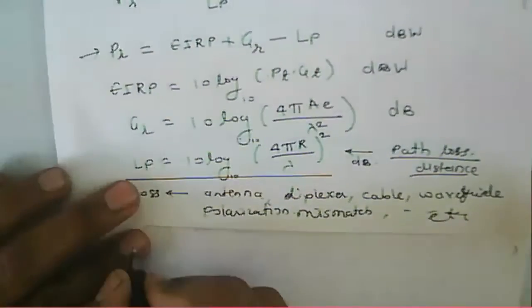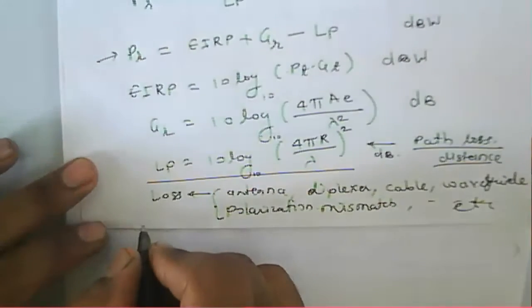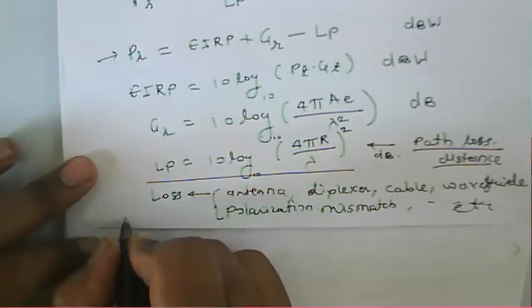If you consider all the losses together, that becomes the system link margin.